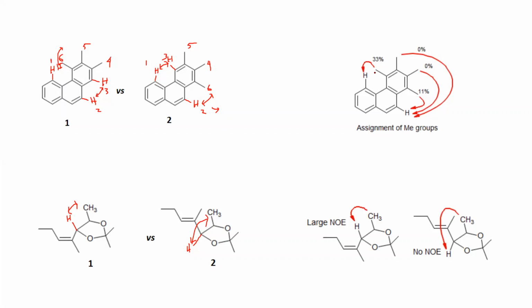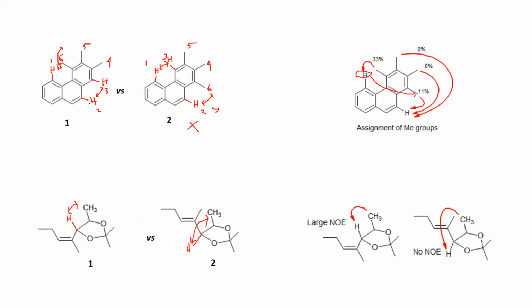So that is, you are seeing here 33% enhancement, you will have more enhancement. But you will not see enhancement of the proton if the methyl is here. If you selectively irradiate this proton, you will not see the enhancement of the methyl if it is here.